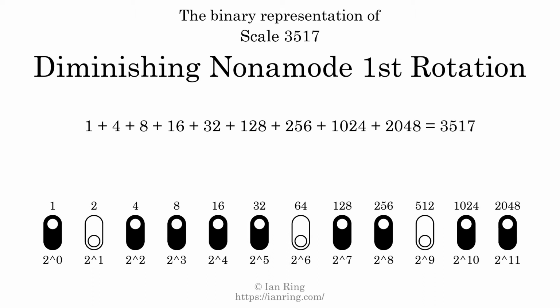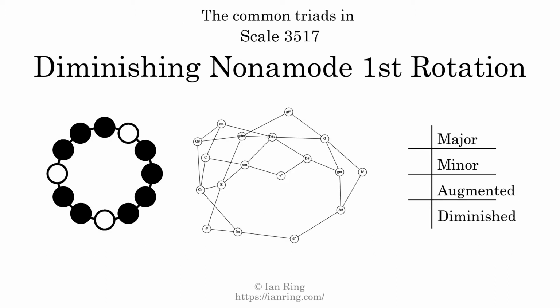That is why the scale number, in decimal, is 3517. The scale number not only enumerates the scale with a unique index, but it also literally describes the tonal content of the scale. Represented as a binary number in base 2, the scale number is 11011011101.